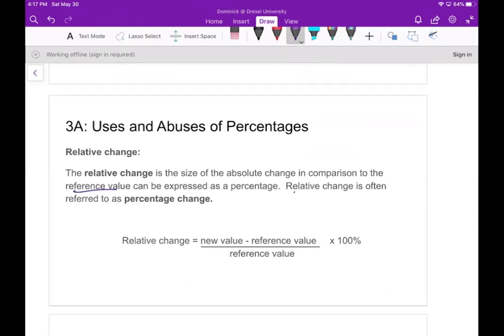So we'll sometimes even refer to relative change as percentage change, right? And the way that we calculate that is we do new minus the reference, all of that divided by the reference, and then we multiply it by 100 and then attach a percentage on there. All right, so relative change is commonly even referred to as percentage change because it's a description of how it's changing as a percentage.